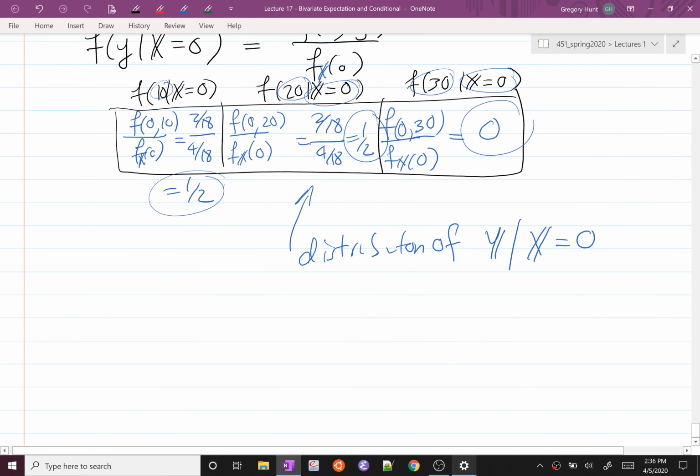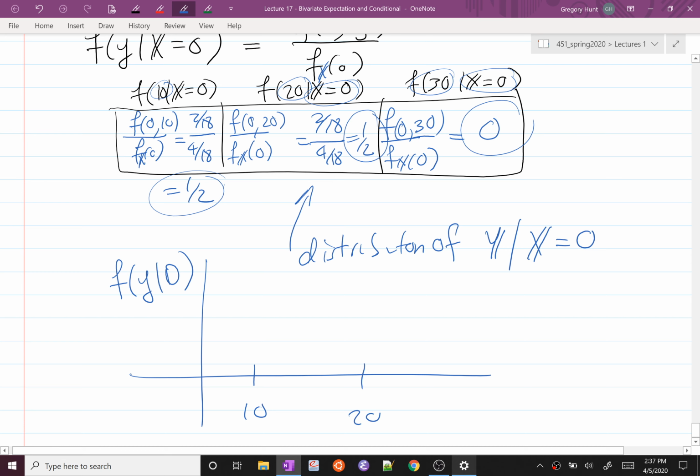You could draw the little plot for it: y can take the values 10, 20, or 30, and it's 1/2, 1/2, 0. So that's how it works for the discrete case.